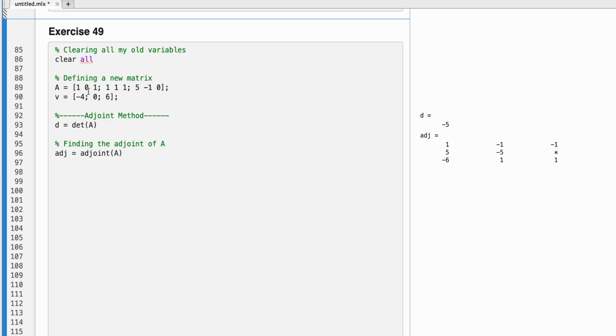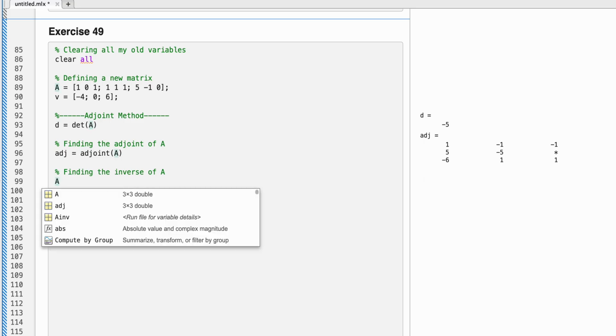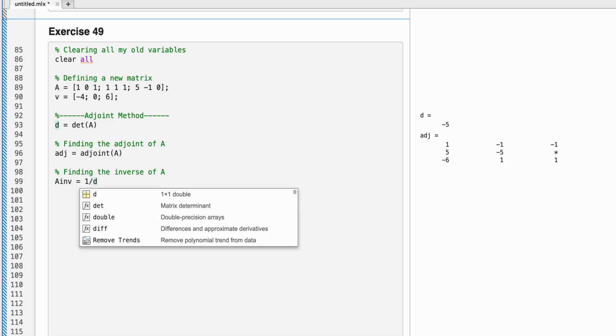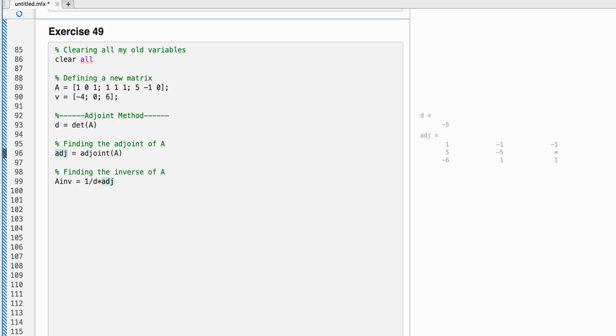Well, let's keep going. Let's see what happens. Then, finding the inverse of A, we say that A inverse is going to be equal to 1 over D times the adjoint. And for some reason we get that asterisk carried over there, which I am not really sure what it's doing.